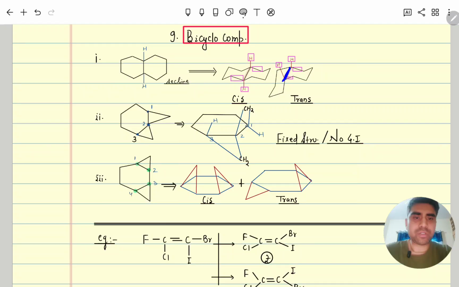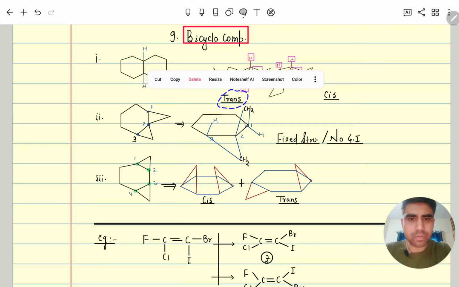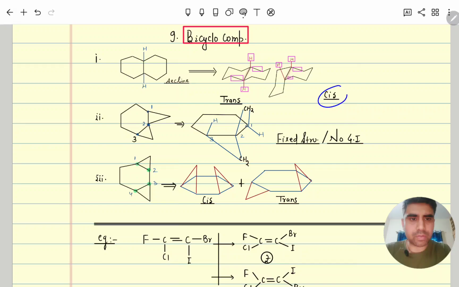With respect to this, we can see here this one. So here we can see that actually a little bit we need to change. Like here this one will be trans, whereas this one will be cis. Like here both sides same, where this one could be different also.